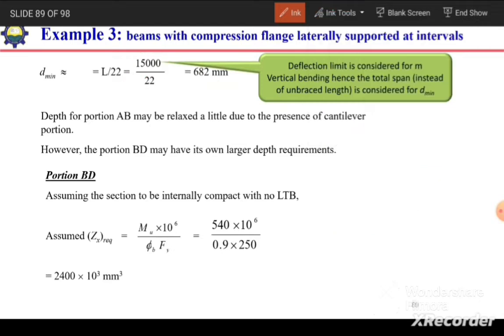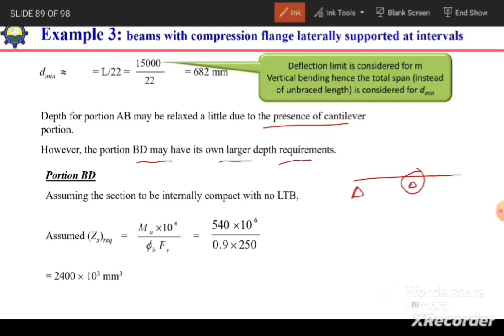So depth for portion AB may be relaxed a little due to the presence of the cantilever portion. However, the portion BD may have its own larger depth requirement. Once we have a cantilever portion, this support will become a continuous support.